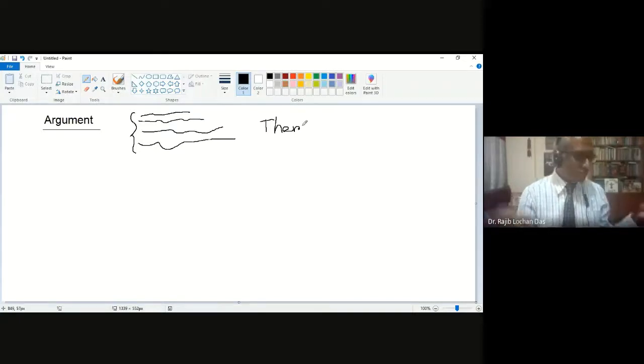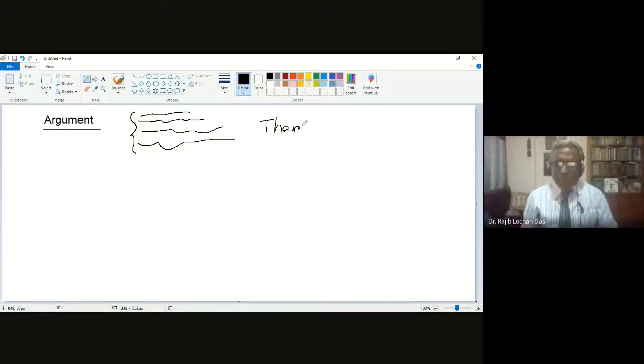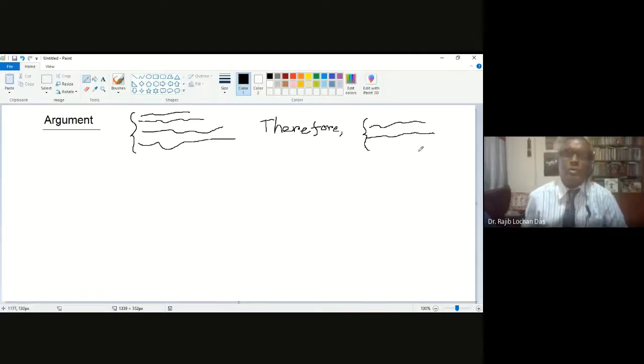It is called therefore. After therefore, you will have a conclusion. So therefore is in the middle, and then there will be some sentences. Normally it is not many, only one or two.